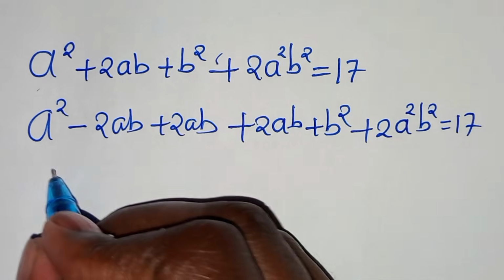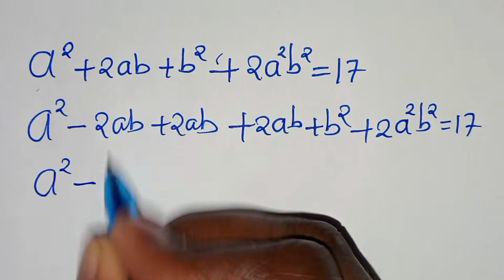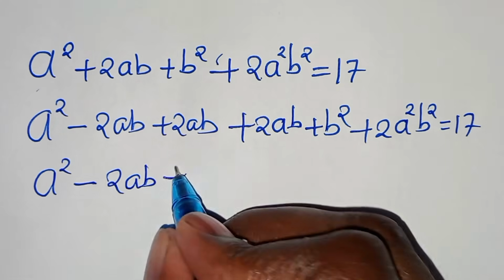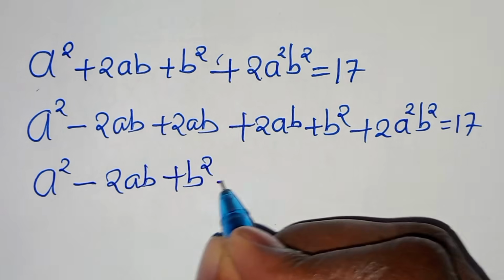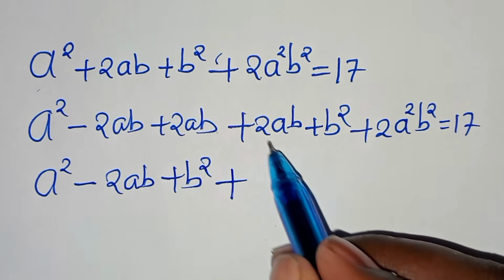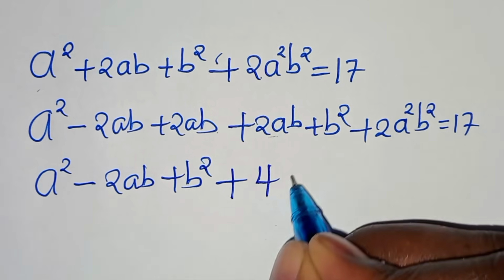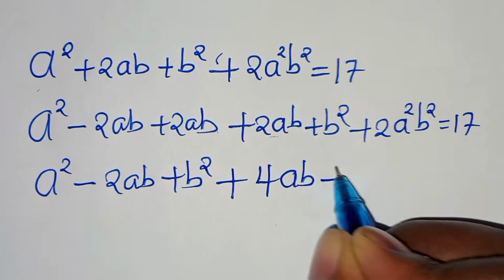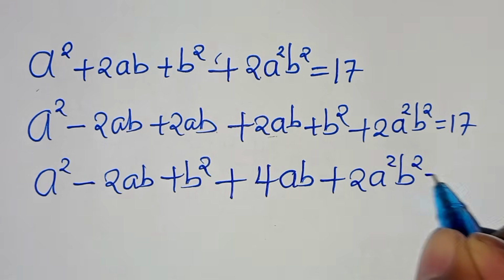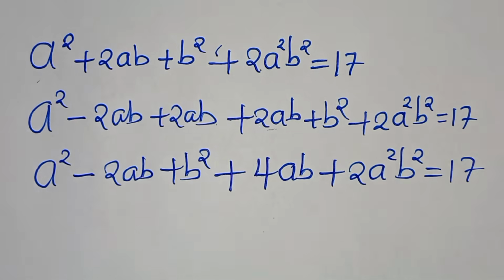Now this is a squared minus 2ab plus b squared. So we have plus b squared here, then plus 2ab plus 2ab, which is 4ab, then plus 2a squared b squared. This is equal to 17.